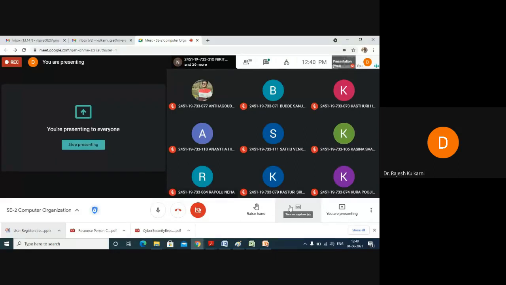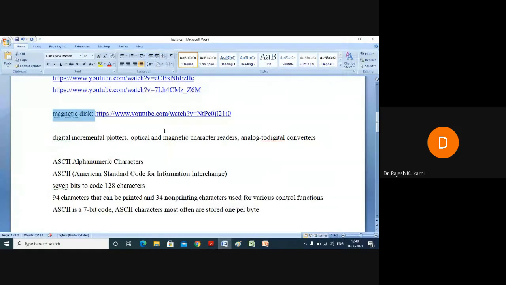Usually we have 1 terabyte or maybe more, and I have a 1 terabyte hard disk in my machine. But initially it might not have been so, right? Maybe 10 years back, a 1 TB hard disk was not there. Maybe 1 GB was there. So slowly the capacities of storage increase. Hard disk is one such example.